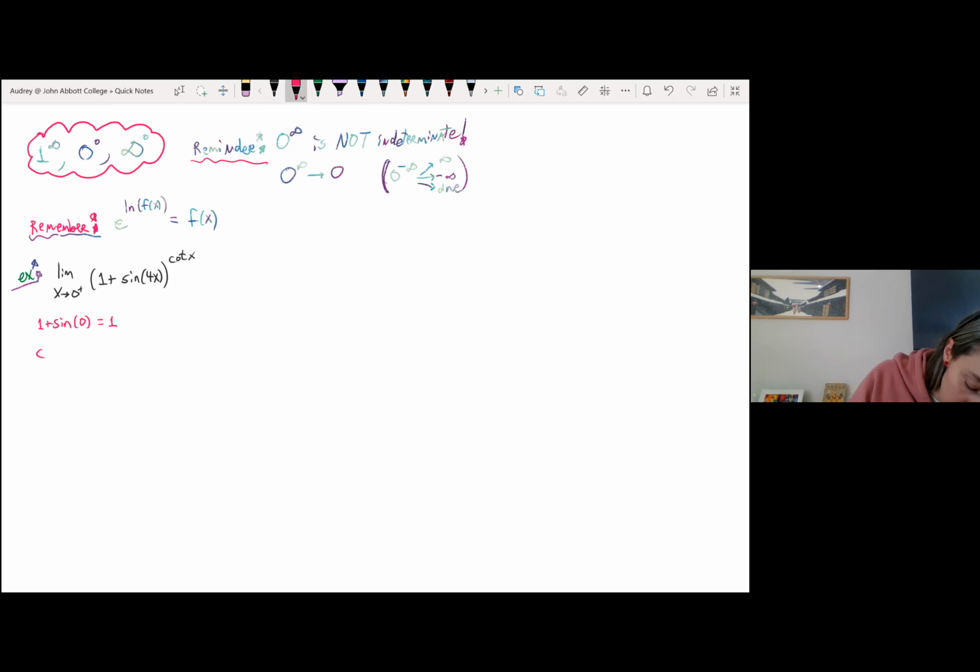And then cotangent, I'll just write a little plus there since that's 0 from the right. Cotangent of 0 from the right, we can think of as cosine of 0 from the right over sine of 0 from the right. And cosine of 0 is 1, and sine of 0 is 0.